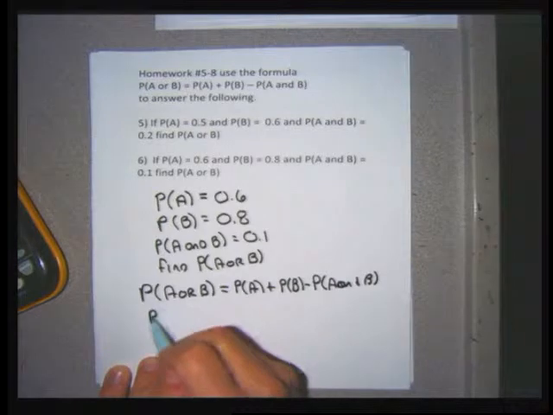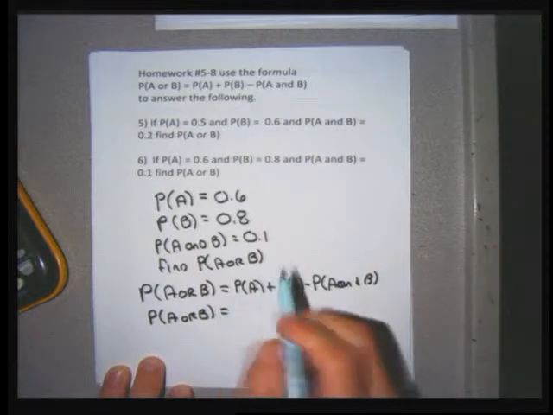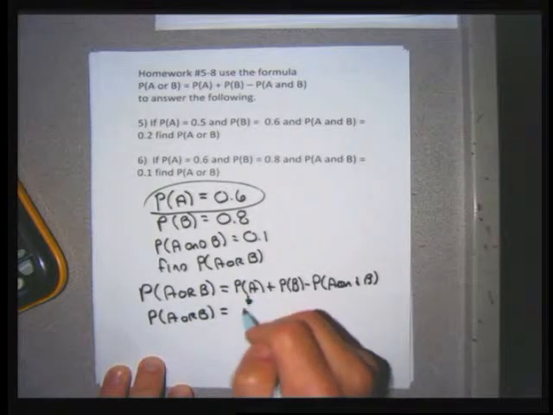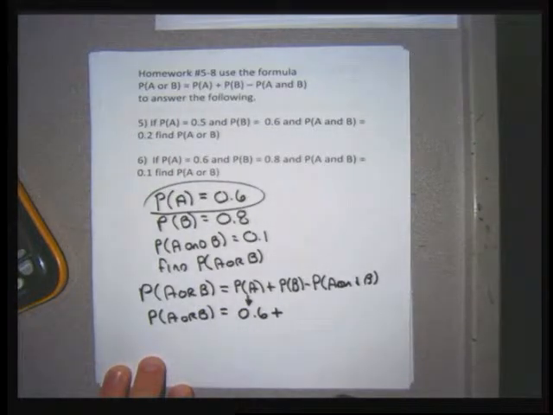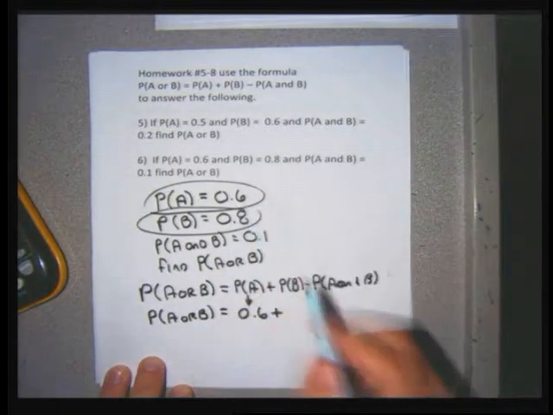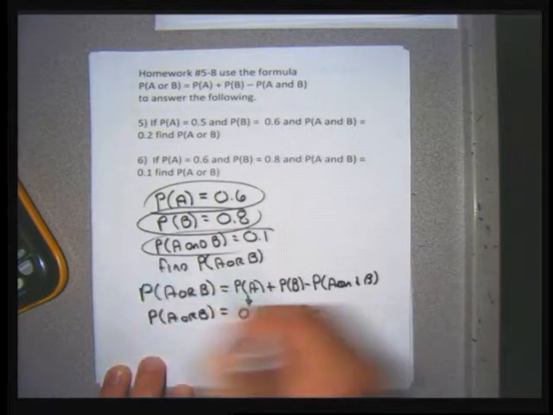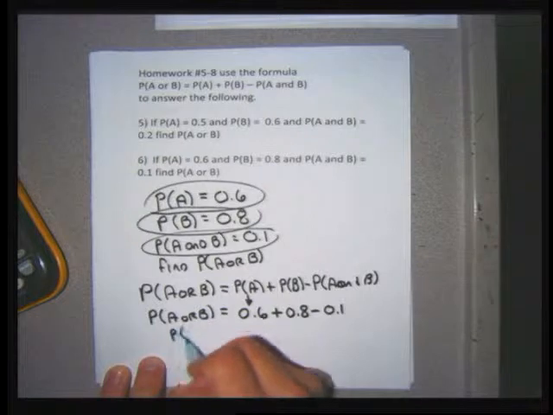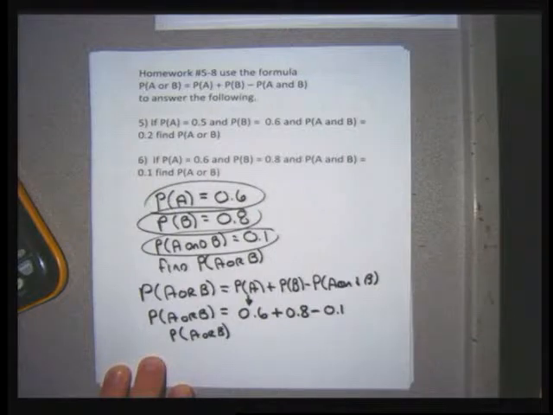So for the probability of A, I'm going to change that symbol to the number 0.6. I'm going to leave the plus sign between the probability of A and the probability of B. For the probability of B, I'm going to change that symbol to 0.8, leave the minus sign, and for the probability of A and B, I'm going to change that symbol to 0.1, and I'll get the answer. The probability of A or B equals, well, this is an impossibility. Make sure this is right.